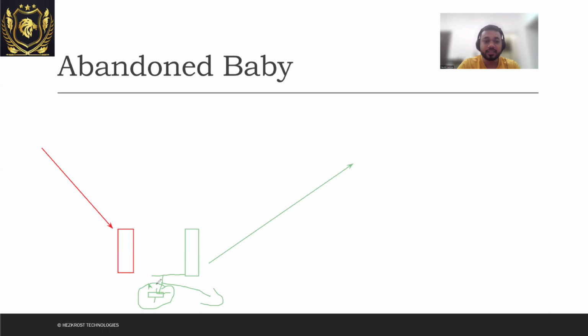So the sellers could not push the price even further. The next day, there was a confirmation by a big green candle, saying that yes, the news has worked the way it should have. So now, since the news has worked, you will see an uptrend or rise in the stock. This is what the abandoned baby is about.